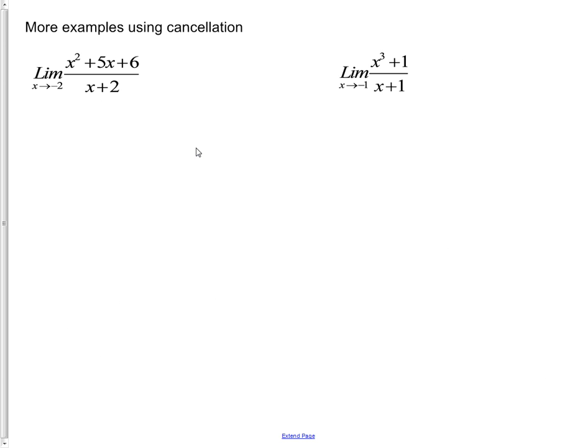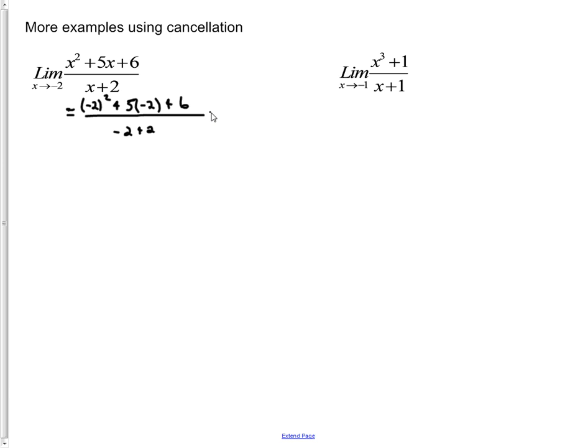So here's a couple more examples. Let's say I'm taking the limit as x approaches negative 2 of x squared plus 5x plus 6 over x plus 2. Well, direct substitution will show, right, we should always do the direct substitution here, that we're going to get negative 2 squared plus 5 times negative 2 plus 6 all divided by negative 2 plus 2.